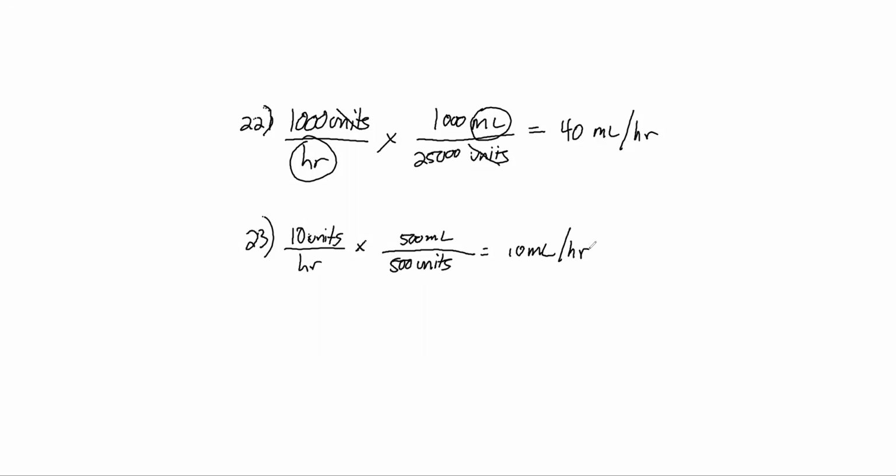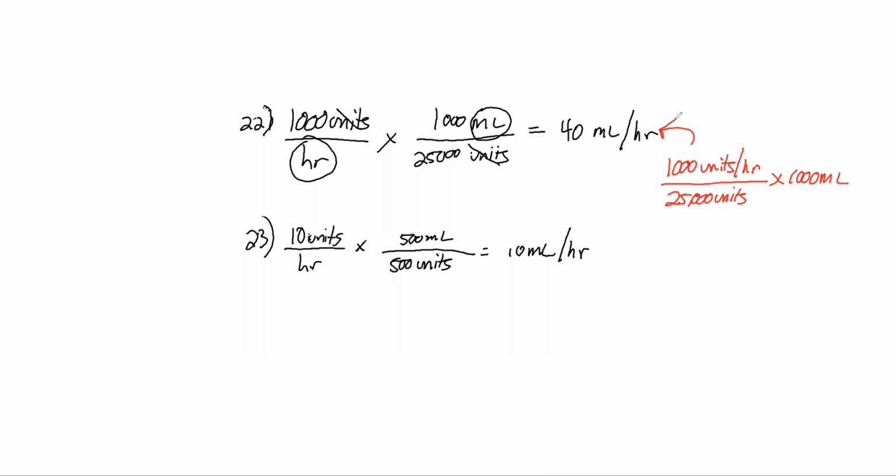For 23, I'm just going to write the desired over have version in a different color. We'll do it in red. So for this one, you can do 1,000 units per hour over the 25,000 units times the 1,000 ml. So if you like that ordered over have times quantity, this will also equal the 40 ml per hour.